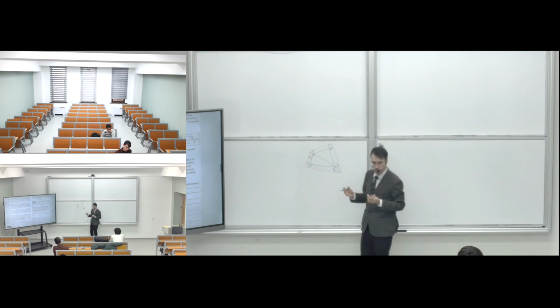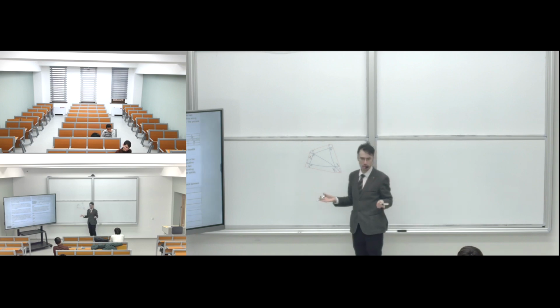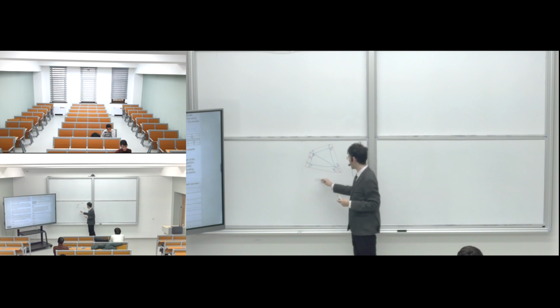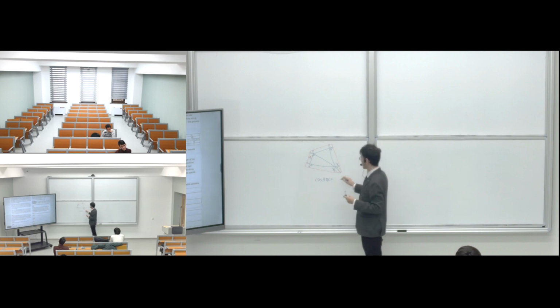We just need to use the cosine theorem. The cosine of ABC is AB squared plus BC squared minus AC squared, divided by 2 AB times BC.